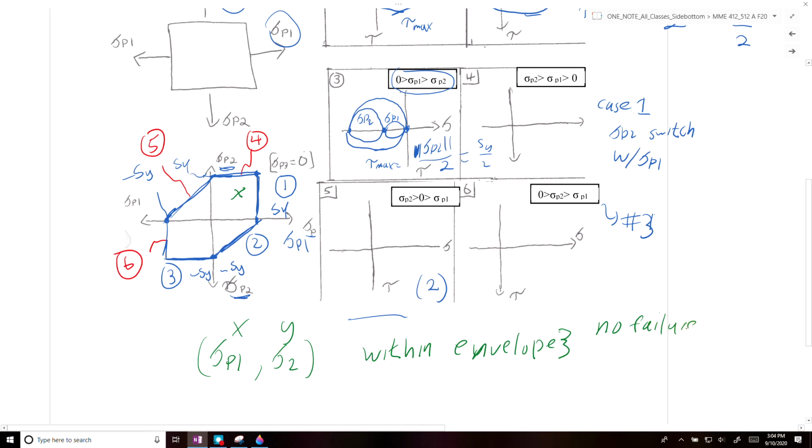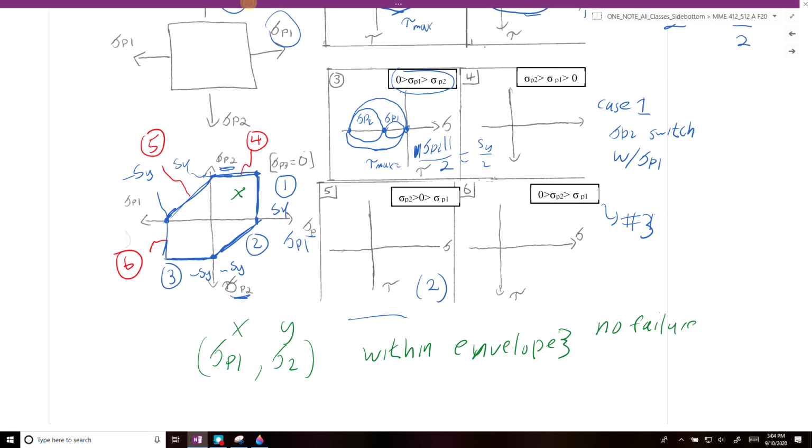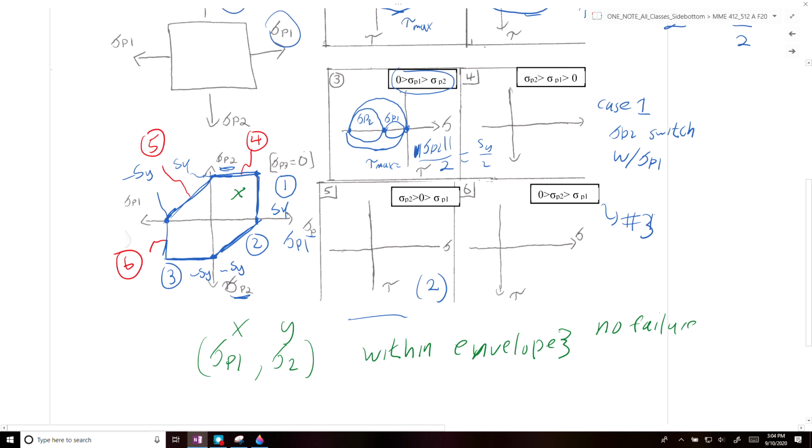But if you're outside the envelope, like if you were in this case, if you had a point outside the envelope, alright, you would have failure. Right?